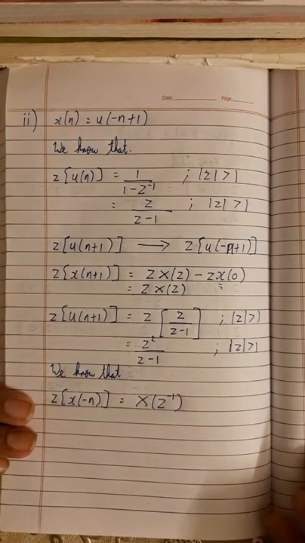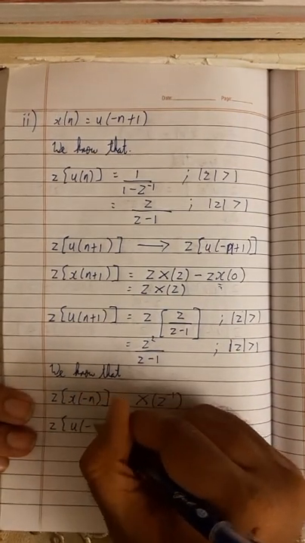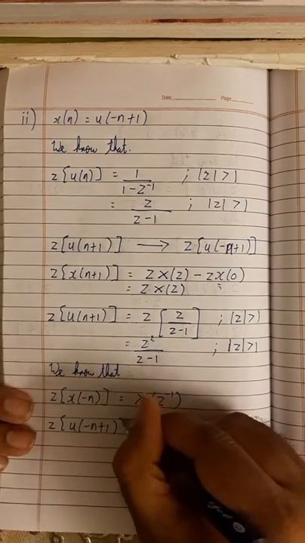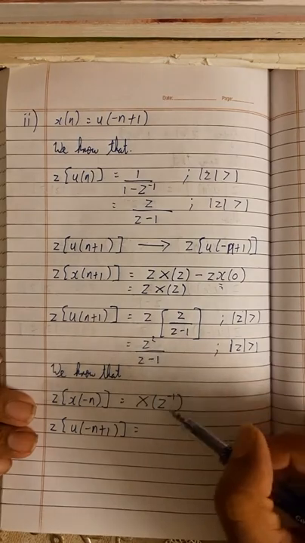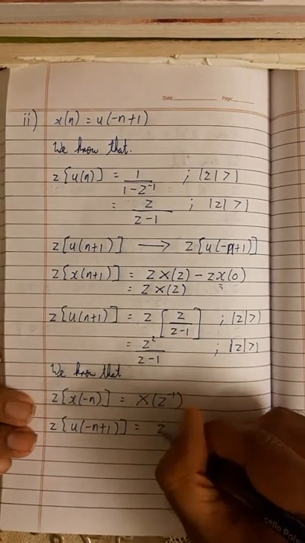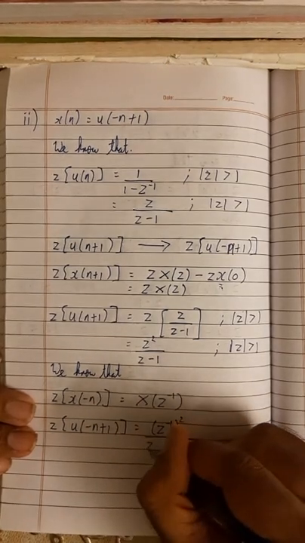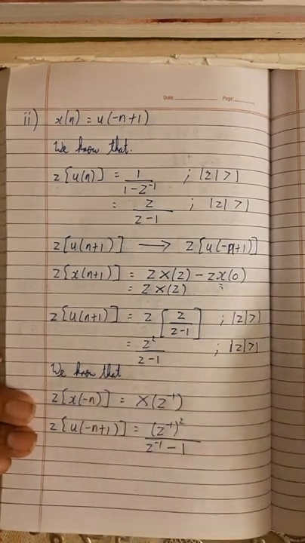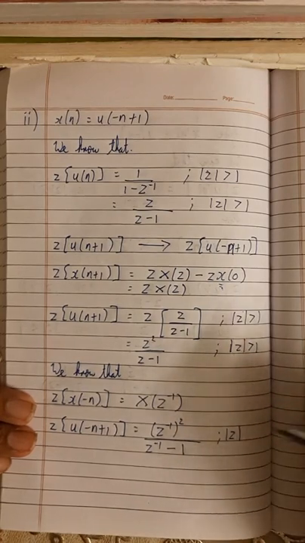Which means that the Z transform of u of minus n plus 1 is nothing but replace every Z that you see here with Z inverse. So this becomes Z inverse raised to 2 by Z inverse minus 1, and the ROC also will become opposite, Z inverse.